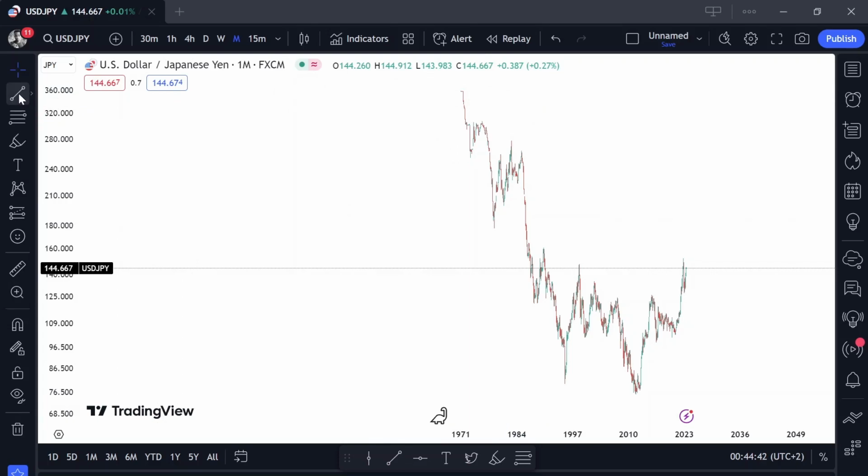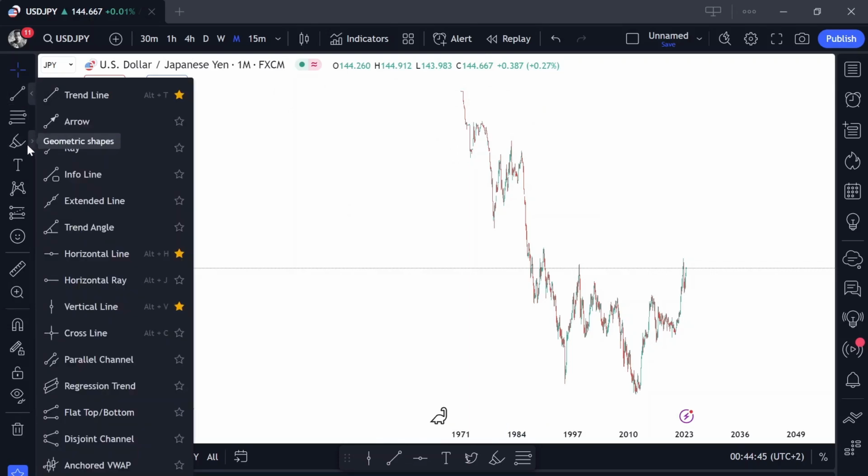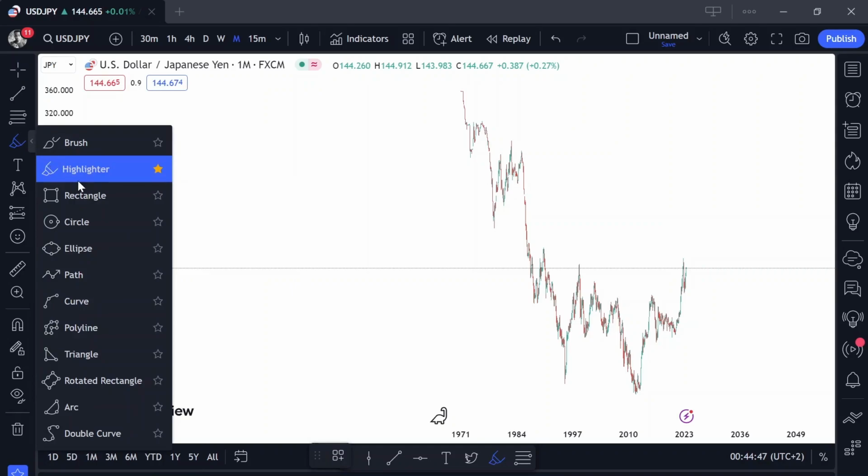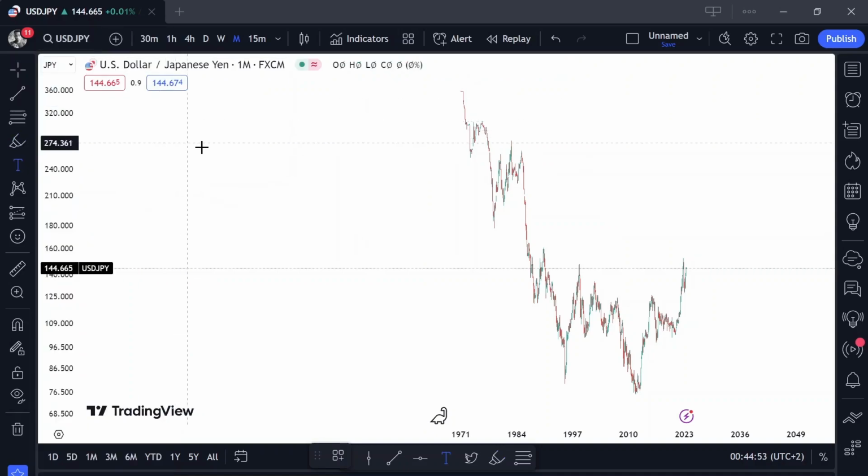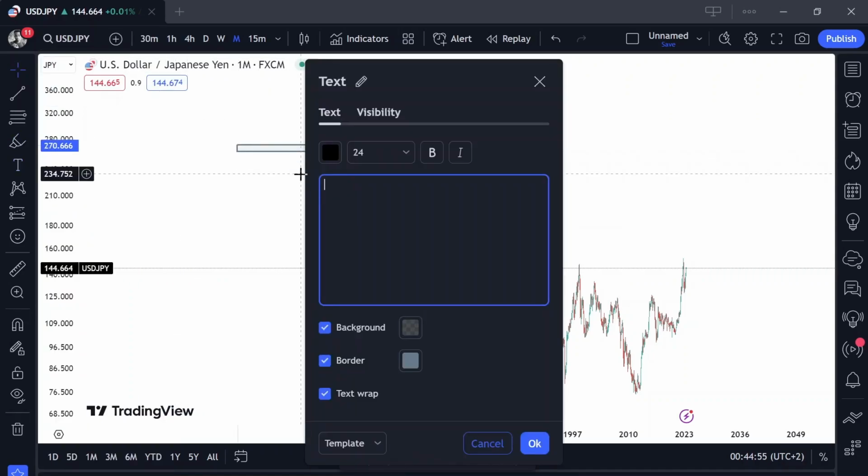Remember guys, as for me personally, I use trend lines, and I also use stochastic oscillator, and I also look at the market structure.